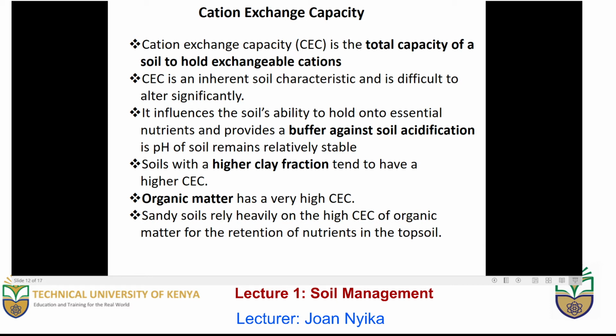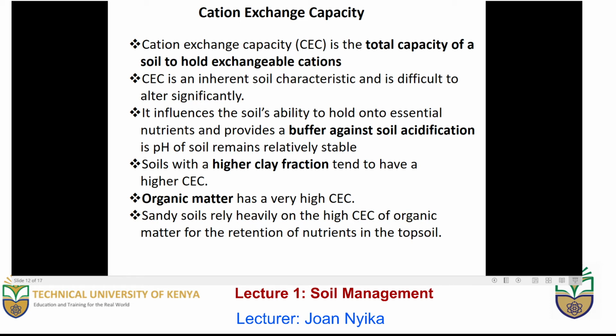Soils that have a low pH, that is, they are acidic, are also not good for plant growth. Therefore, to maintain the pH at a constant, not very acidic, not very basic, we have to regulate the pH. And we have said that it is an inherent characteristic that is difficult to alter.